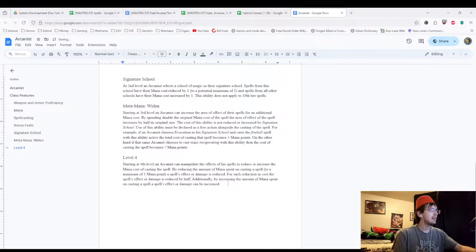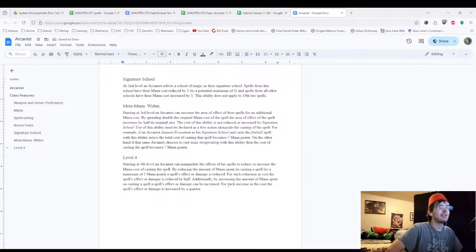Additionally, by increasing the amount of mana spent on casting a spell, a spell's effect or damage can be increased. And then we just copy the sentence. For each point in the cost, the spell is increased by... So the obvious solution is to make it parallel.